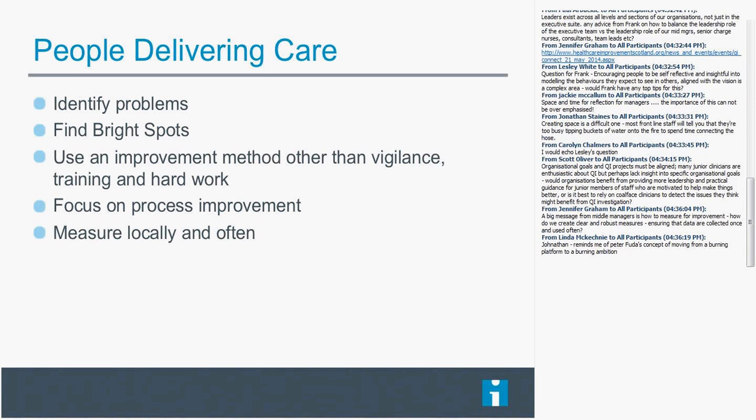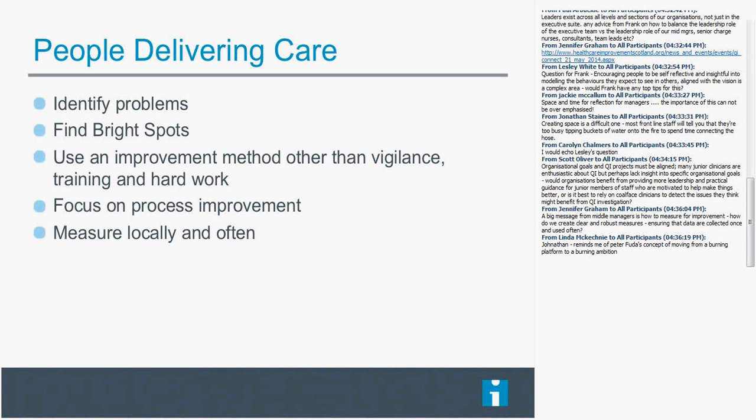The people at the front line have to understand that improvement is more than vigilance, training and hard work. It requires change. The focus of the people on the front line should be on processes. Ultimately, of course, we want to improve outcomes, but you can't improve outcomes until you change the processes.